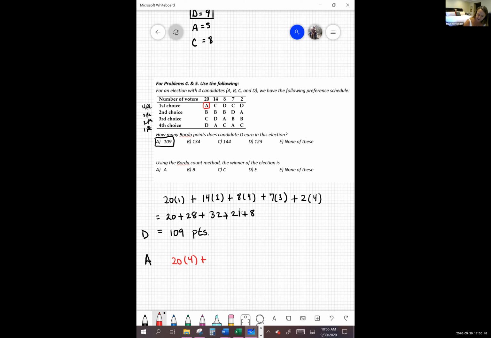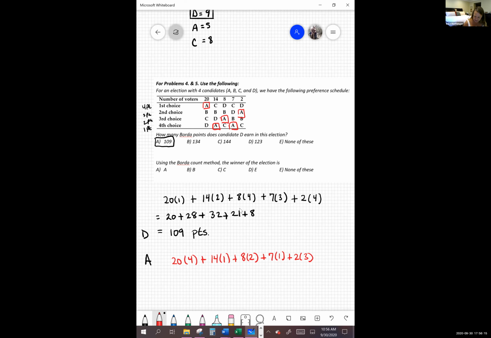Plus in the second column, A is fourth choice. There's 14 people times 1 point. Third column, 8 people, third choice, so that's only worth 2 points. Fourth column, 7 people, last place, only 1 point. And the last column, 2 people, second place, that's 3 points.